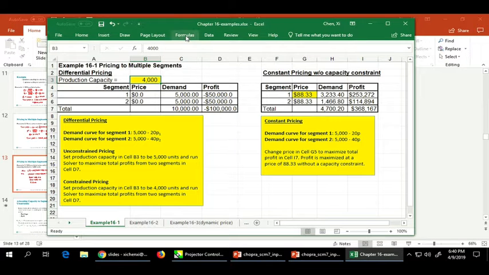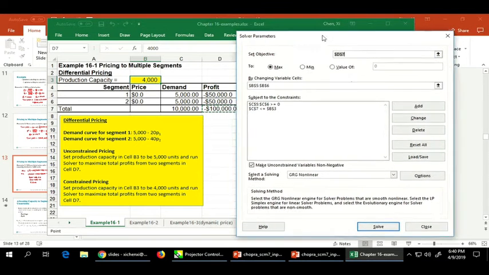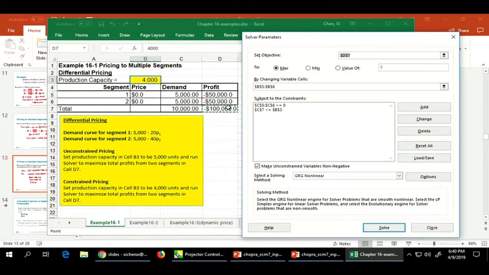So go to our solver. The objective is to maximize total profit by changing product sales, which are our prices, so these two cells, and subject to the constraints. One is that the demands should be greater than or equal to 0. The other one is the total demand should be less than or equal to capacity.